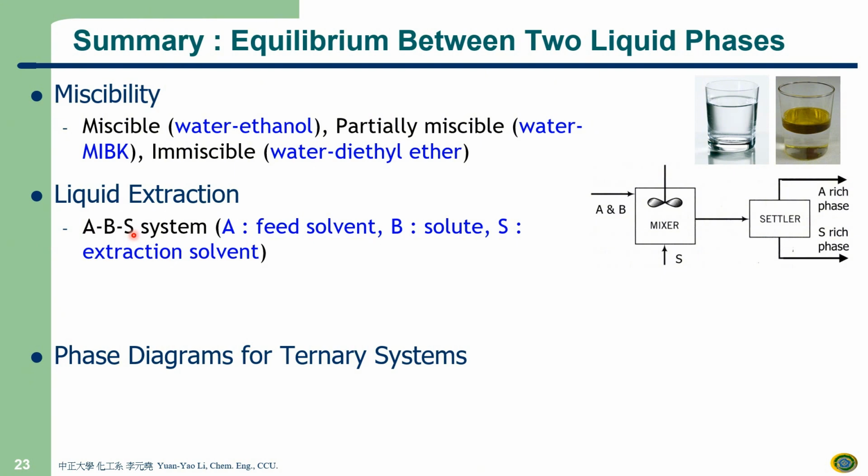So this is liquid extraction, and we showed you an example, which is water, acetone, chloroform. It can be water, acetone, MIBK, remember? Acetone is miscible with water and also with chloroform, so chloroform will take acetone away from water, and we do this process.